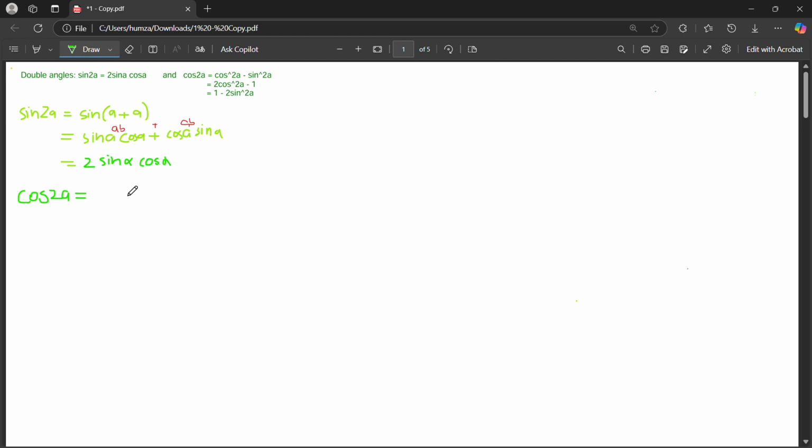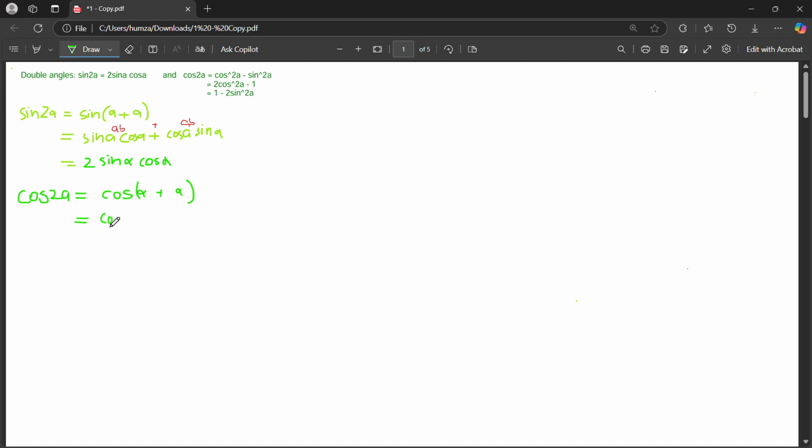Okay, now cos 2a we can write as a compound angle, and that will be your cos alpha plus alpha, right? So this is how we can write this cos 2a in the form of a compound angle.